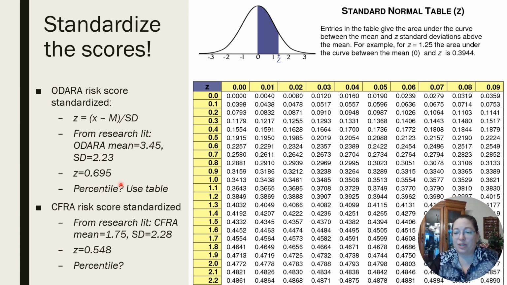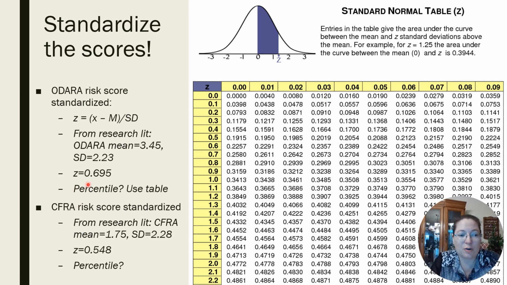To determine how this translates into percentiles, we use what's known as a standard normal table. And this tells us, based on a Z score, just what the percentile is and how many people fall below that score.